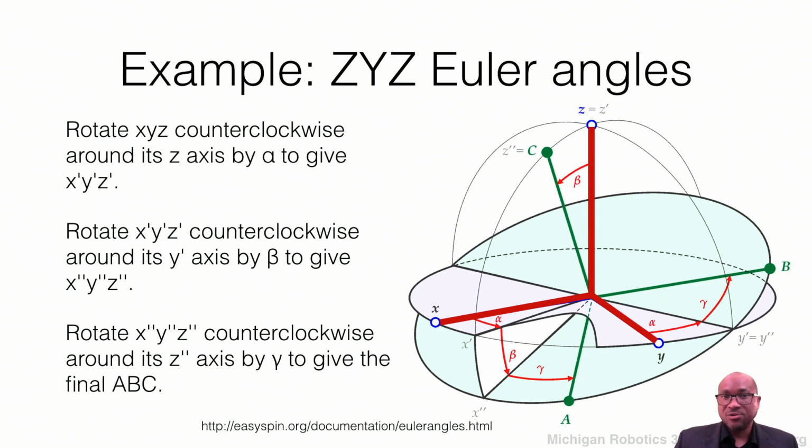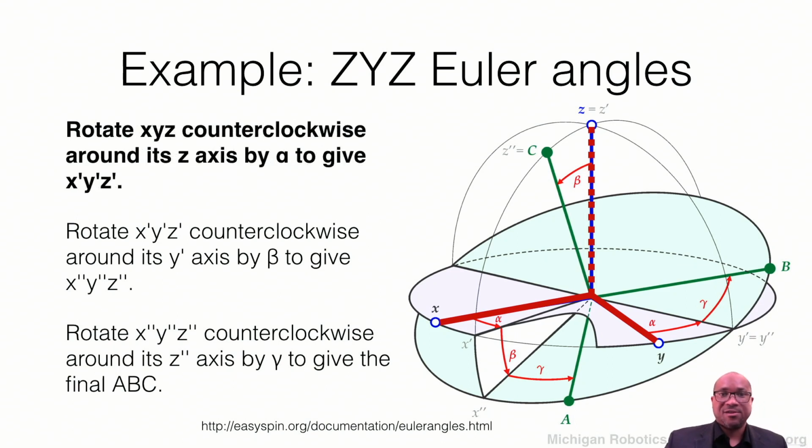Just walking through the example, I overlaid in red our initial X, Y, Z axes. Our first step is going to be to rotate about the Z axis. I've made the Z axis dashed right here. Then if I rotate the other two axes clockwise by alpha, that will give me a new rotation.